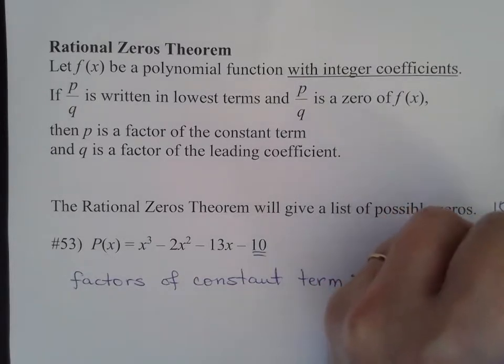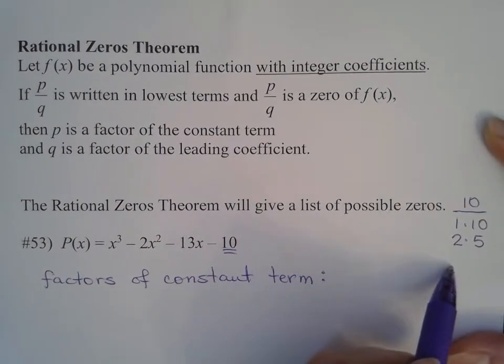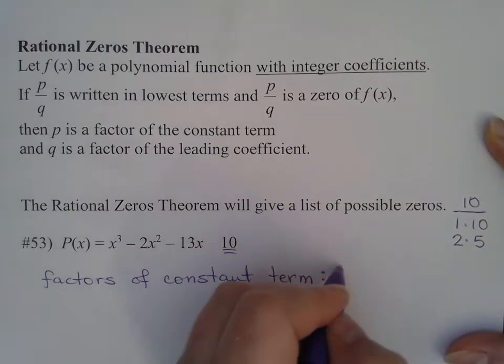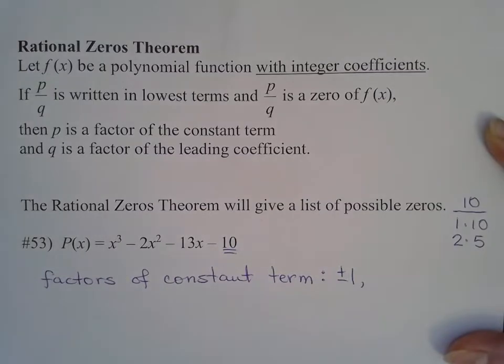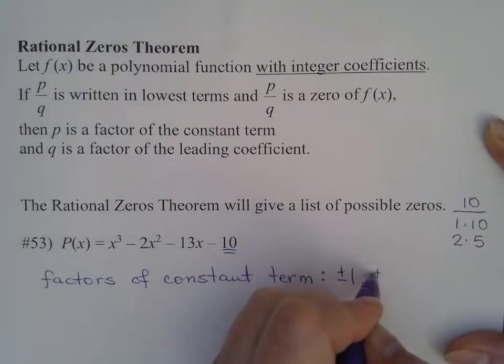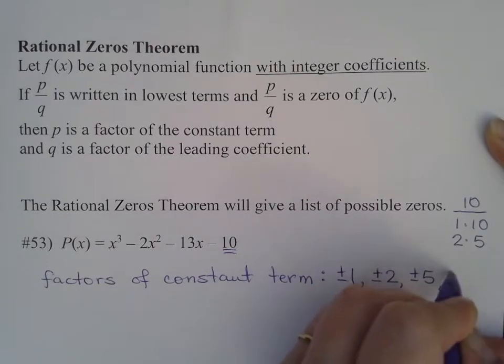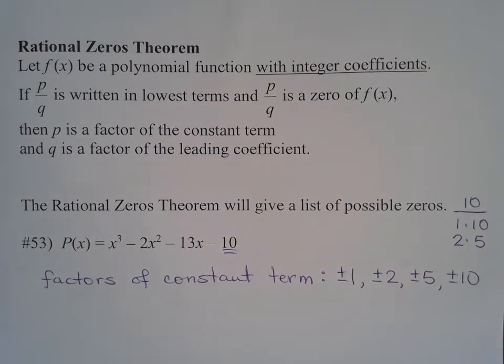We can have 1 times 10, 2 times 5, 3 doesn't go in evenly, 4 doesn't go in evenly, and then we're back to 5. So these 4 would be the factors, and they could be positive or negative, so we usually list them as plus or minus. I have plus or minus 1, plus or minus 2, plus or minus 5, and plus or minus 10. Those are all the numbers that would divide evenly into 10.